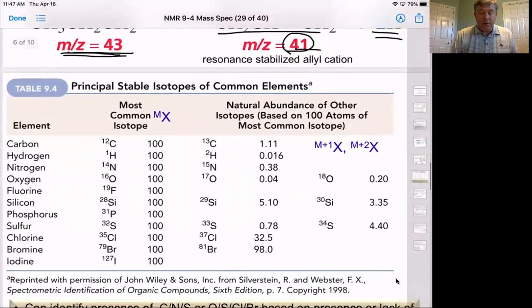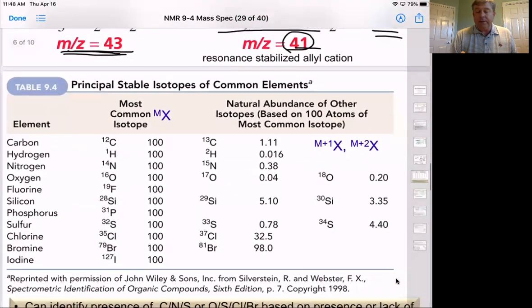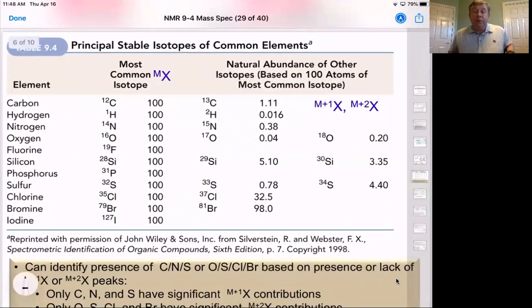Okay, so let's get into isotope ratios. Okay, we can actually see the different isotopic ratios in materials right here. Carbon has mostly, if we talk about this as the most common being 100%, we have about 1% of the C13, so we can occasionally see about 1% of our material having that +1 peak, okay?